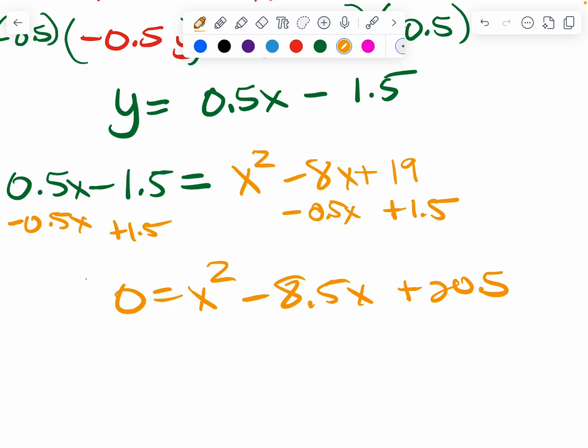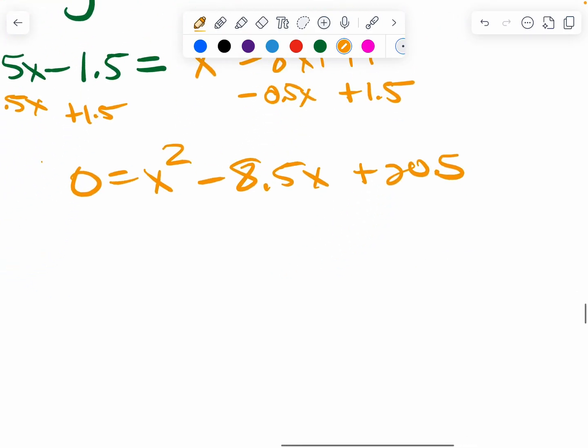Now, am I going to know off the top of my head what the factors of 20.5 are that add to negative 8.5? No. So I'm going to plug this into the quadratic formula.